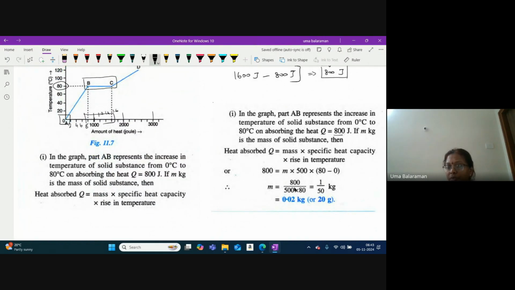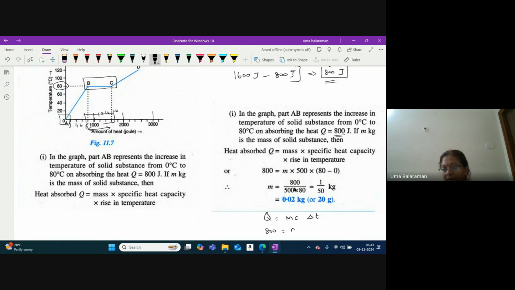So 800 joules, m kg of heat energy absorbed is m into specific heat capacity into rise in temperature. Q equal to mc delta T, you studied. So heat energy is 800 joules. From the graph, we know that 800 joules of heat energy is used.